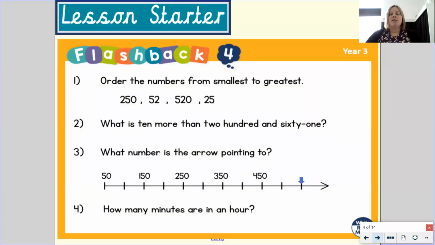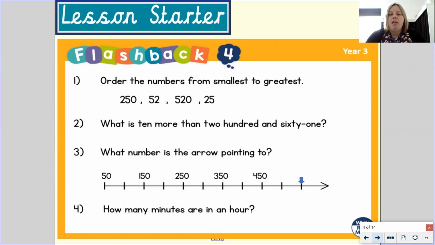I'm going to read you our starter questions, then you are going to pause the video while you solve them. Question 1. Order the numbers from smallest to greatest. Question number 2. What is 10 more than 261?